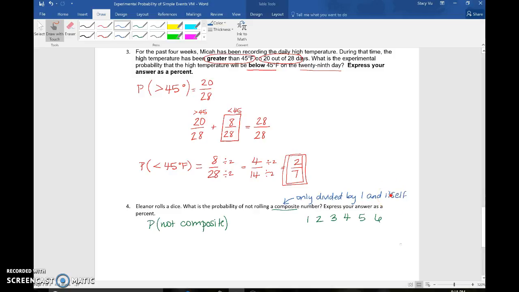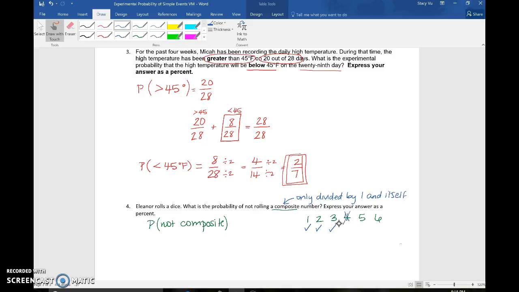So is 1 a composite number? It can be divided by only 1 or 1. Is 2 a composite number? Well, yes, it can only be divided by 2 or 1. 3, only divisible by 3 or 1. What about 4? Now, 4 is divisible by 2 and 4 and 1.